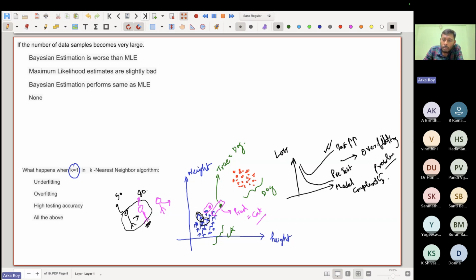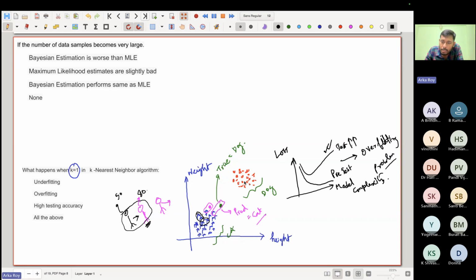Underfitting means your test accuracy is low and pre-test accuracy is also low, that means your model is not able to learn anything. But that is not the case. You can see initially your model is able to learn everything: from this particular cluster, all the data points will be cat only, and from this particular cluster, all the data points will be dog only.